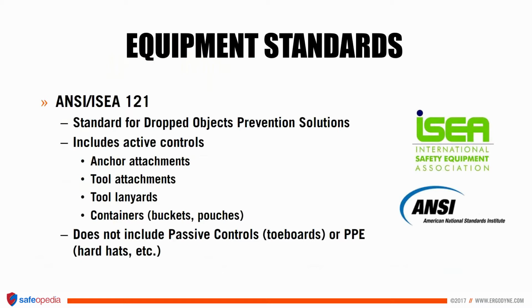This does not include passive controls like toe boards or netting, and it does not include PPE or protection solutions for dropped objects like hard hats and steel-toe boots for that matter. More information will be coming on this as the draft evolves and gets through its review process, but you can probably look at late in Q1 of 2018 for something more formal to hit the market.